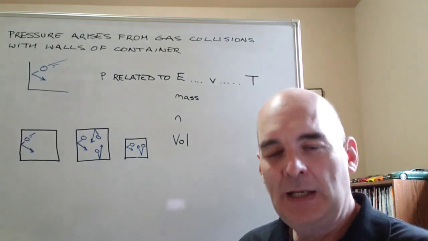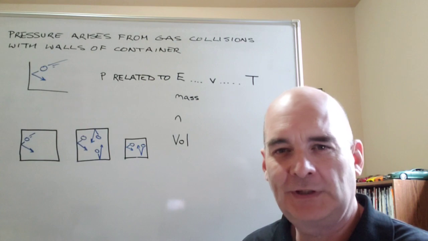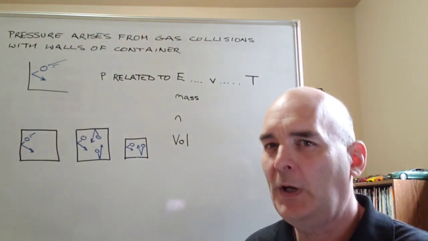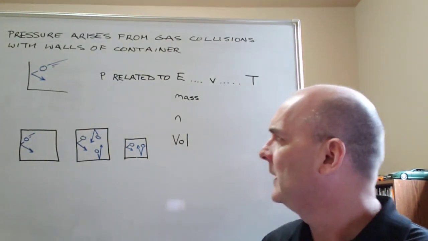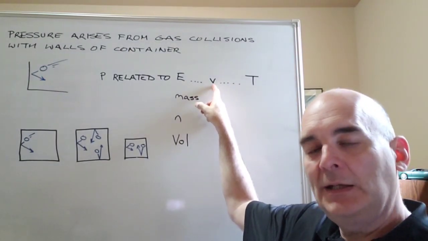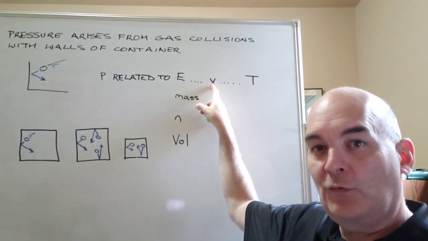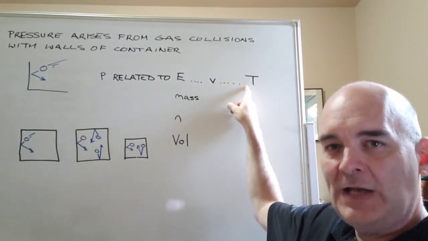Well, energy, kinetic energy, the energy of motion, you might remember from high school physics, is half mv squared. So there are two components in there. One of them is velocity.